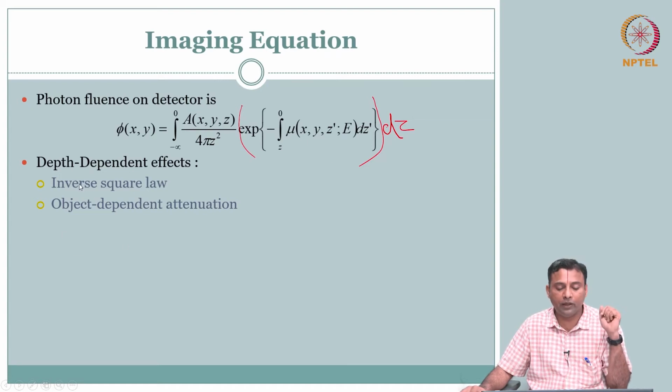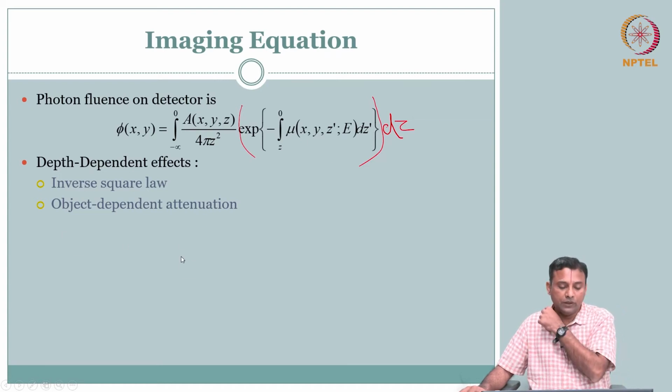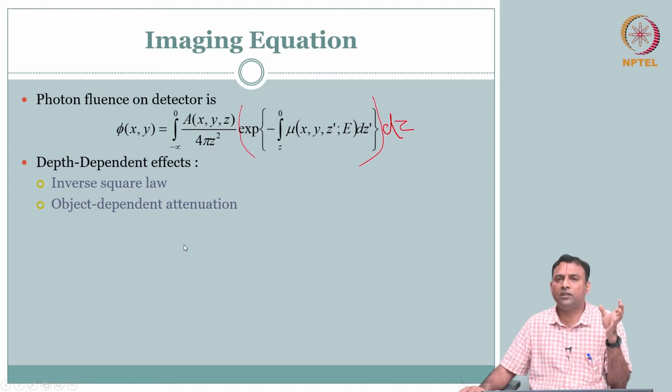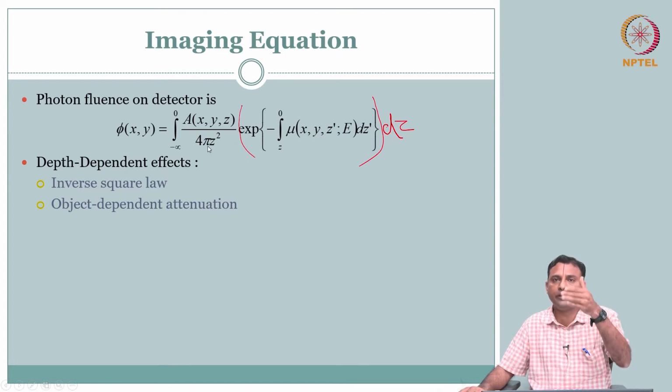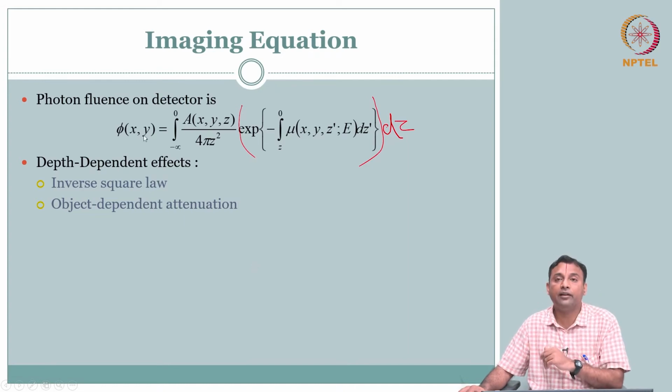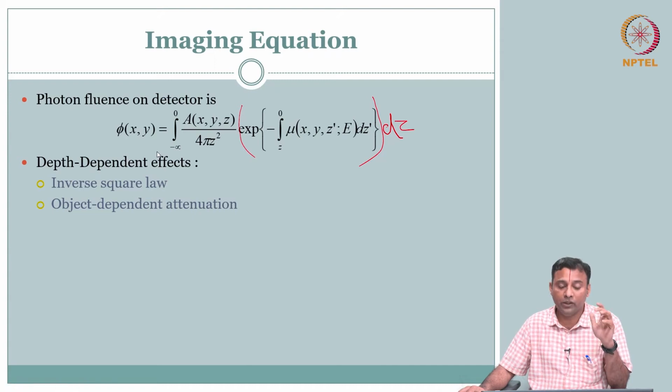These two contribute to depth dependent effects. In other words, you could have the same radioactivity at the same Z but at different locations. In one location you have more tissue to travel, more mu, in another location less mu. So what is hitting the detector will be different, even though the starting radioactivity was the same.